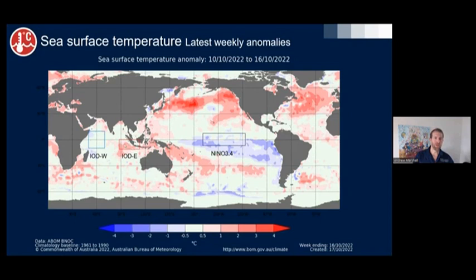So what you can see here is average temperatures in the west, above average temperatures in the east for the Indian Ocean. And that situation describes a negative Indian Ocean dipole. You've probably heard a bit about that. So often we do get a negative Indian Ocean dipole and a La Nina happening at the same time, and that's what's happening at the moment.